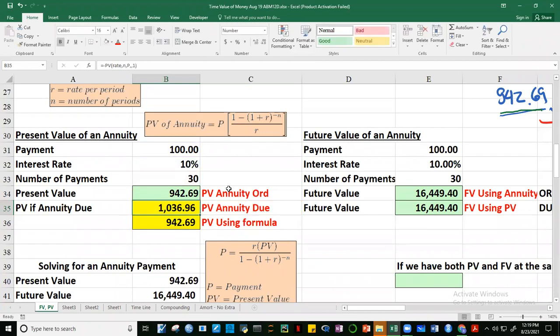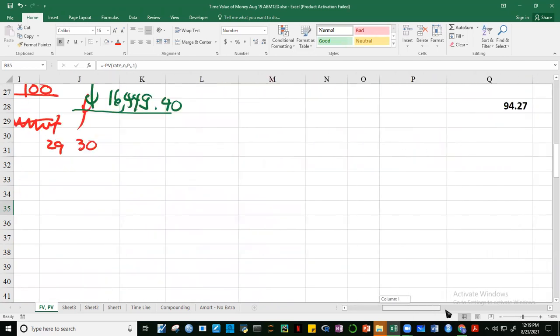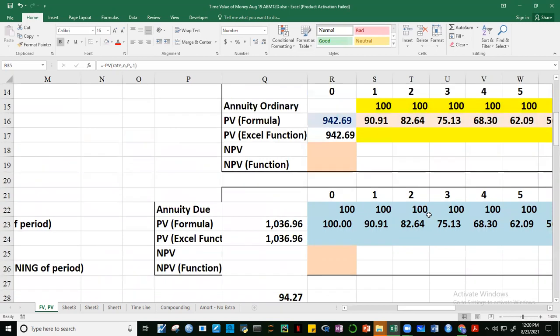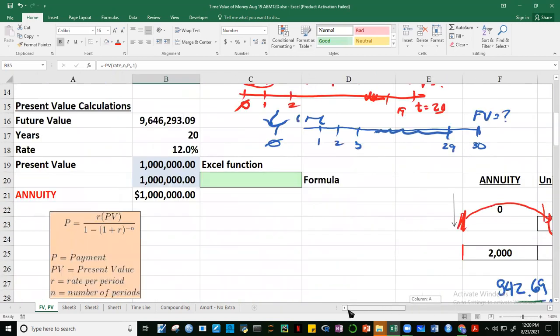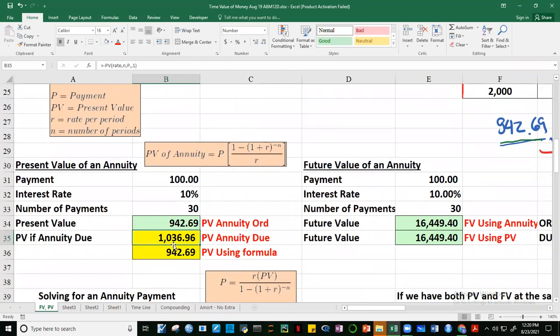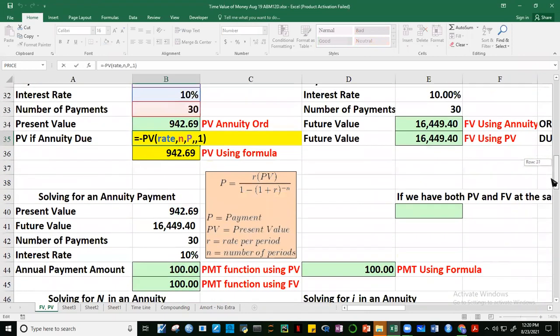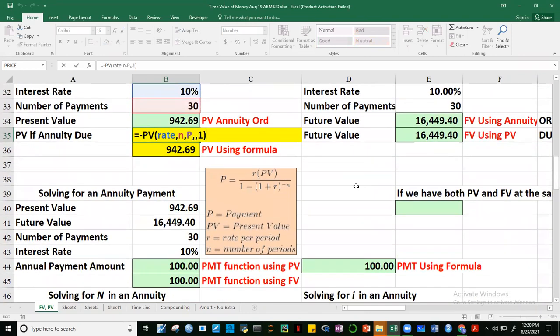Okay, so we have 1036.96, similar to what we computed kanina. 1036.96. Okay, any questions, guys? Flash ko lang yung formula nito, baka may questions kayo dito. Okay, clear, good, good.